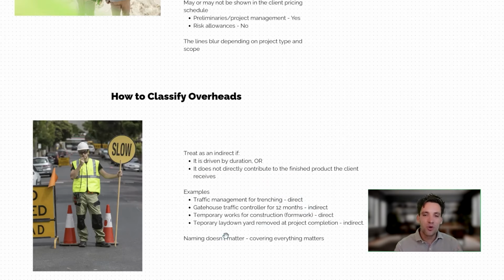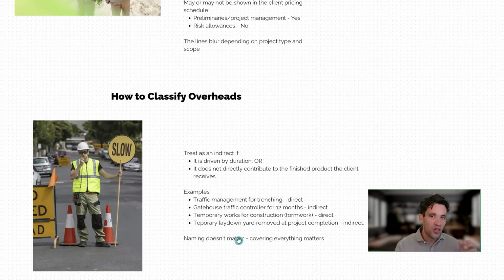So, if you're doing trenching along a road, you have a scope item called trenching. If that trenching for that specific task requires traffic management, I would classify the traffic management associated with the trenching as a direct cost. If you're working on a commercial construction project and you're going to have a traffic controller sitting at the entry checking deliveries for the entire 12-month duration, irrespective of any individual scope item, then I would call that an indirect cost.